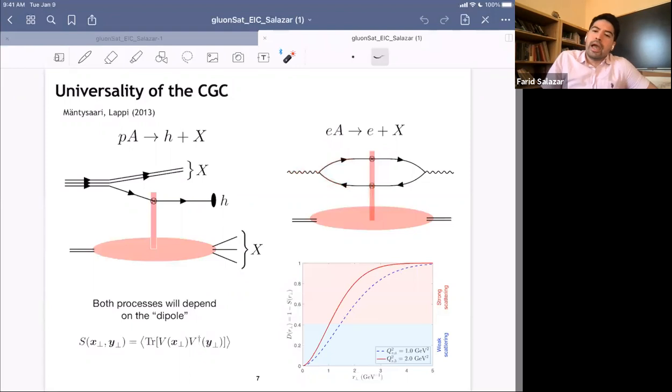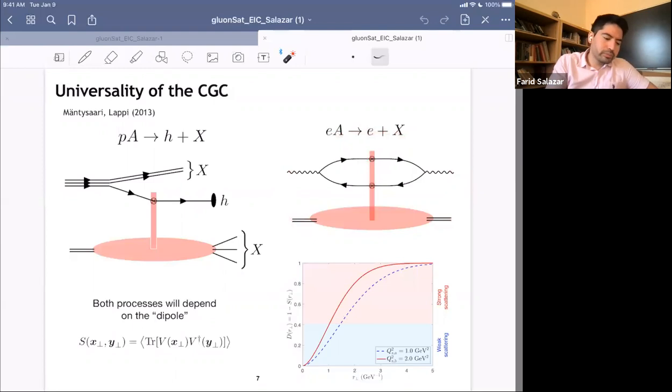You can take advantage of the so-called optical theorem, which relates the forward scattering amplitude to the total DIS cross section. At the amplitude level, you have a dipole because you have a quark and an anti-quark: one Wilson line for the quark, and a conjugate Wilson line for the anti-quark.